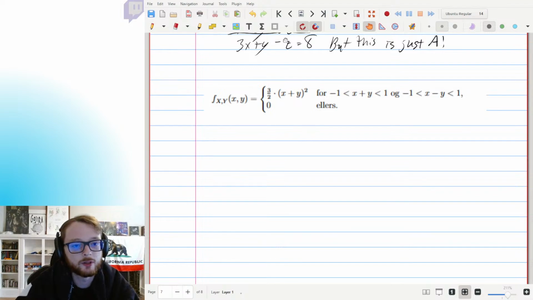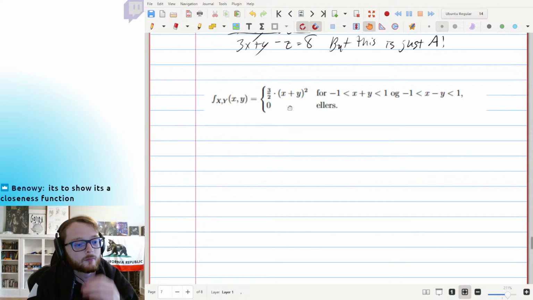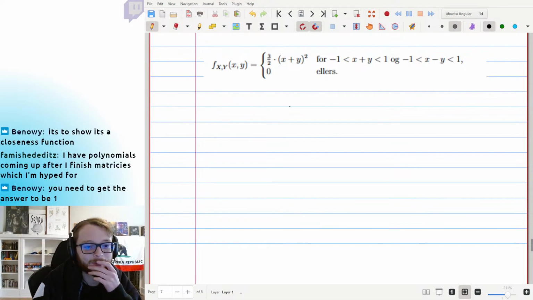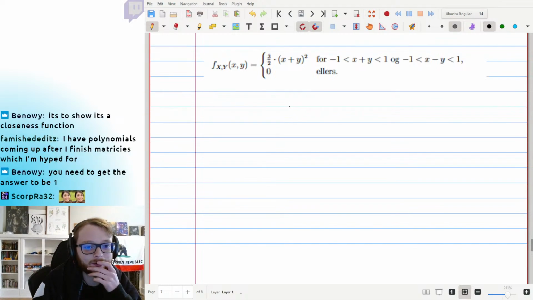I believe the question is, oh, you are here? Okay. A closeness function? I assume that's a weird translation, but it's a pretty common thing in stats where you prove this thing is a probability density function by double integrating and showing you get 1. Hey, Scorpra.